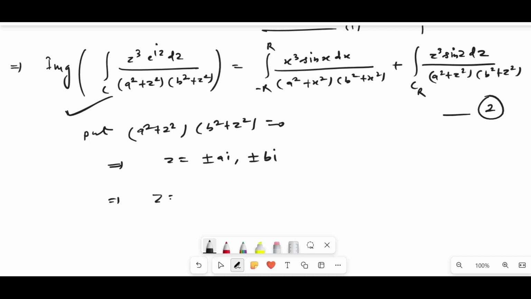Only ai and bi belong to the upper half circle. So we can say that z equal to ai and bi are simple poles.